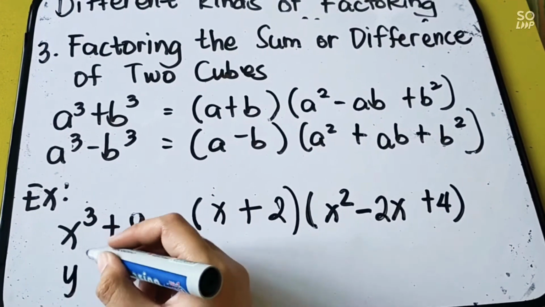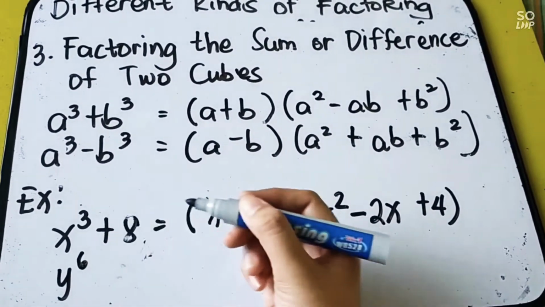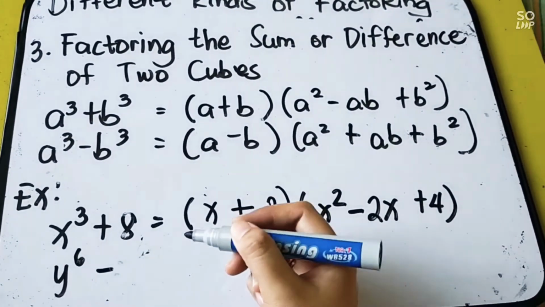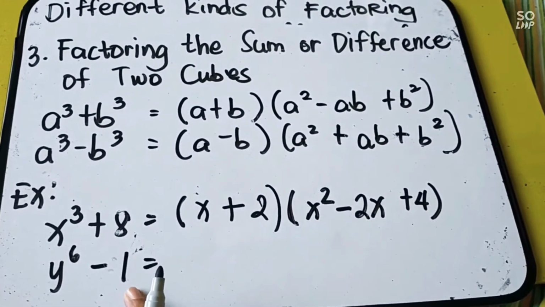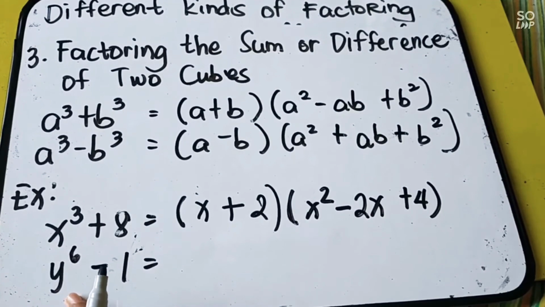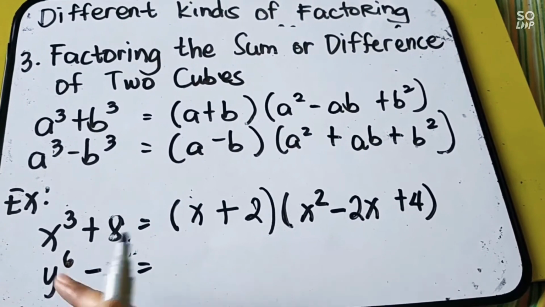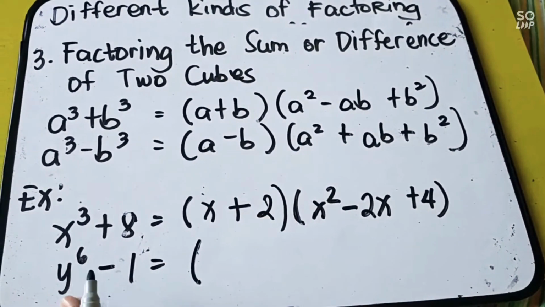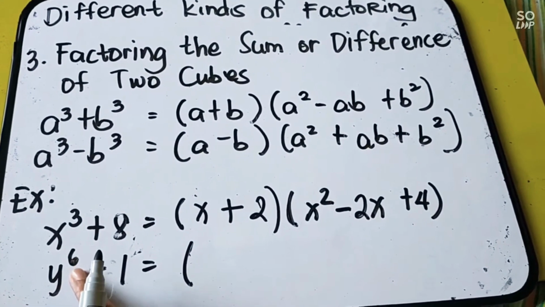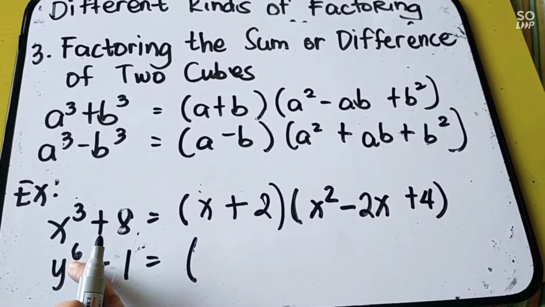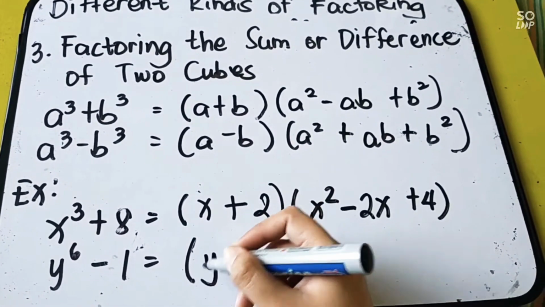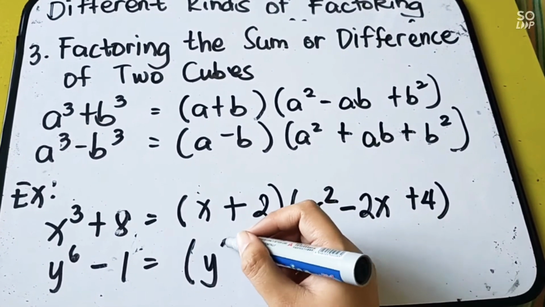What if we have y raised to 6 minus 1? 1 is a perfect cube. Y raised to 6 is the perfect cube kasi divisible siya sa 3. Okay? So, cube root ni y raised to 6. So, divide mo lang yan sa 3 kasi cube tayo. So, that is y squared.